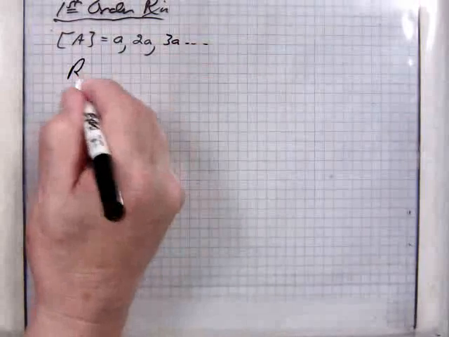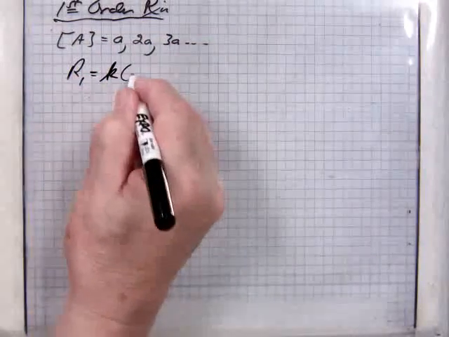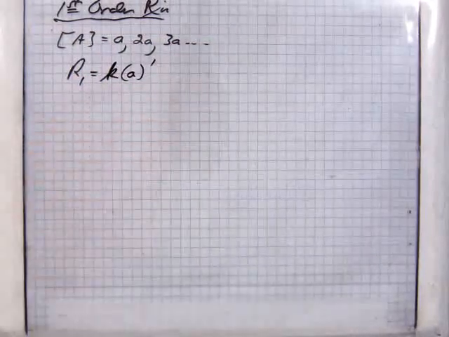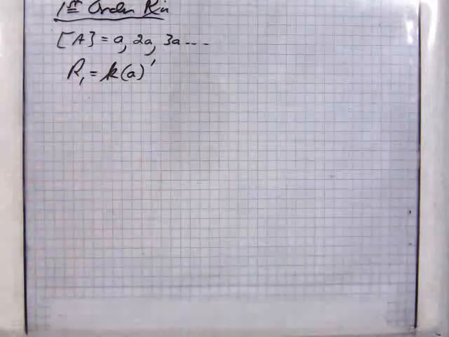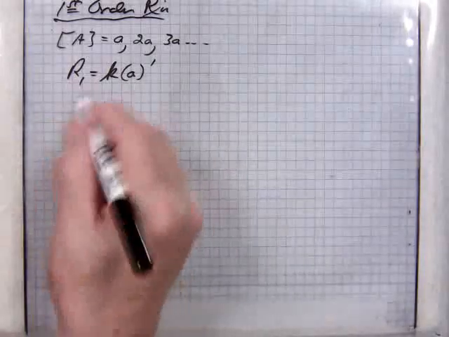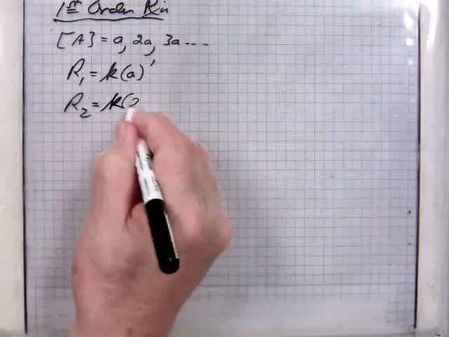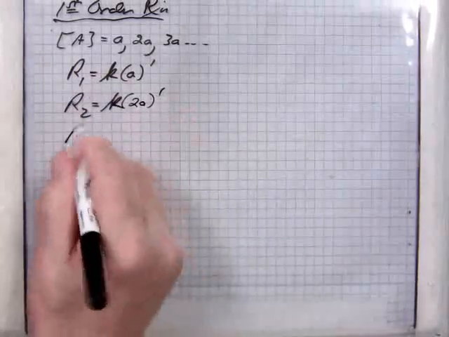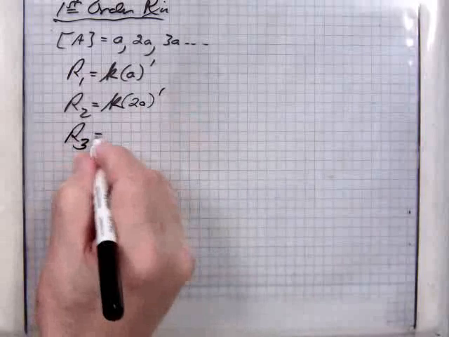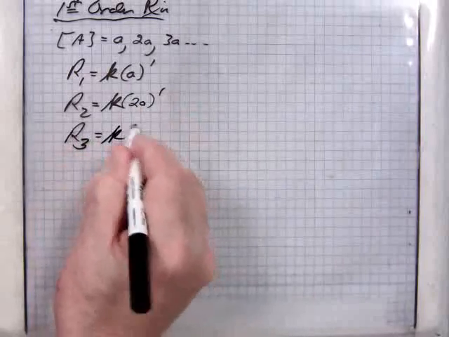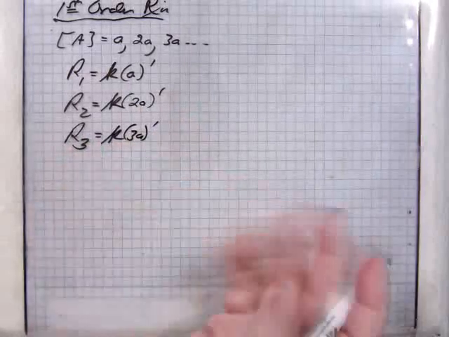Well, rate 1 is K times A to the first power, and that's a reference. And so we want to see how everything changes relative to that one. So rate 2 is the rate constant times 2A raised to the first power. Rate 3 is K times 3A raised to the first power, and so forth.